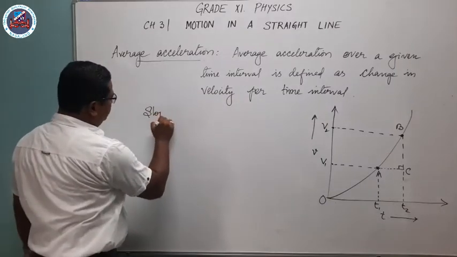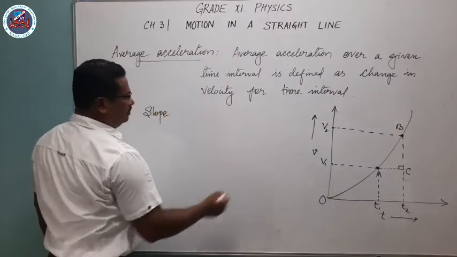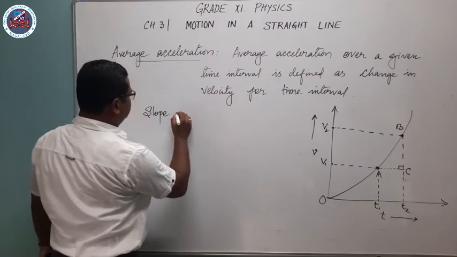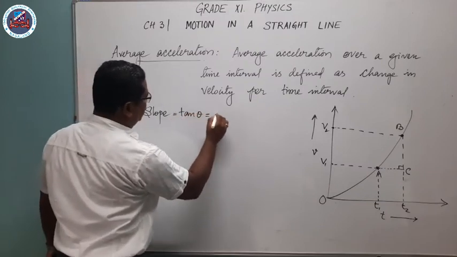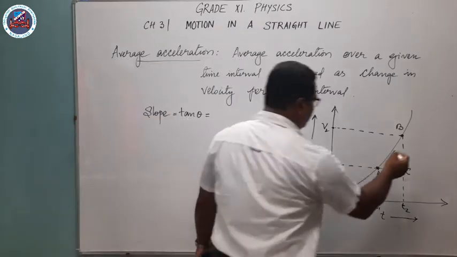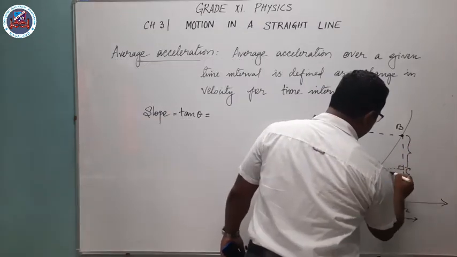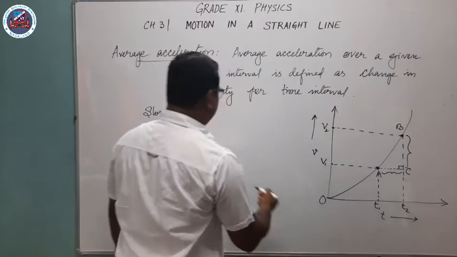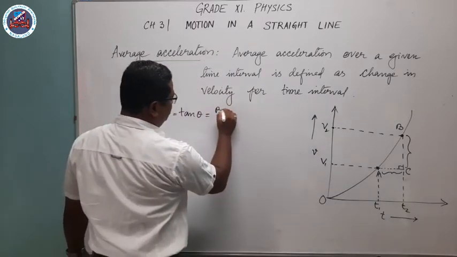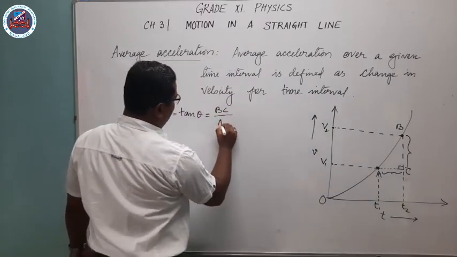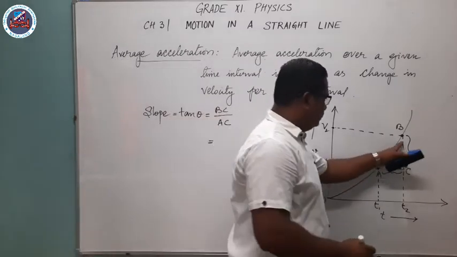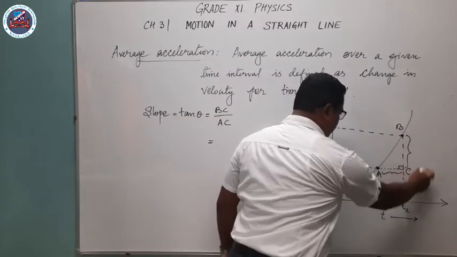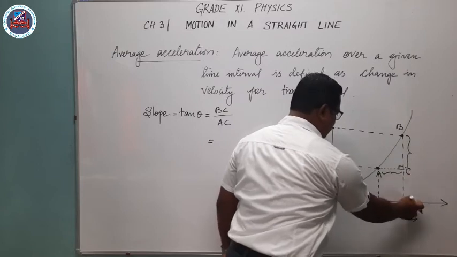From here, if you take the slope of this curve AB, we write it as tan theta. Tan theta is equal to perpendicular by base. Perpendicular is BC and base is AC. BC, this length will be B to this point minus C to this point.